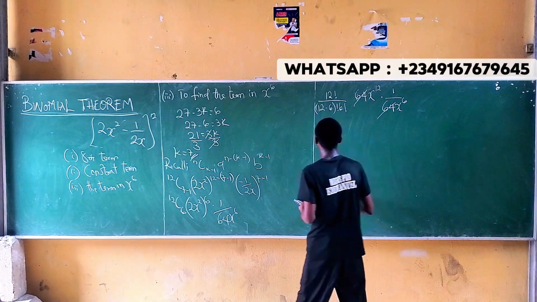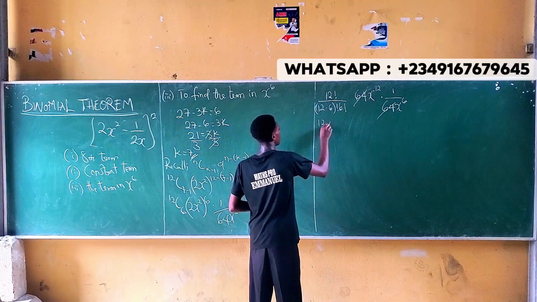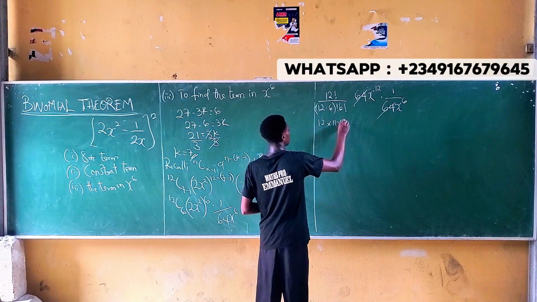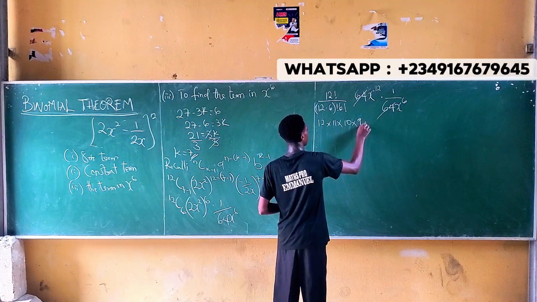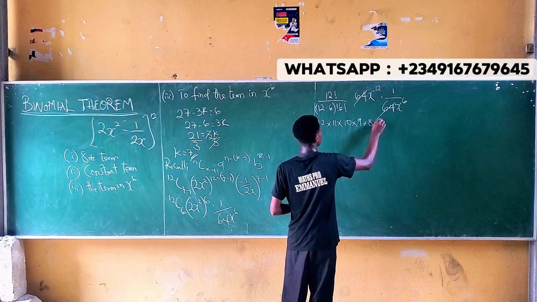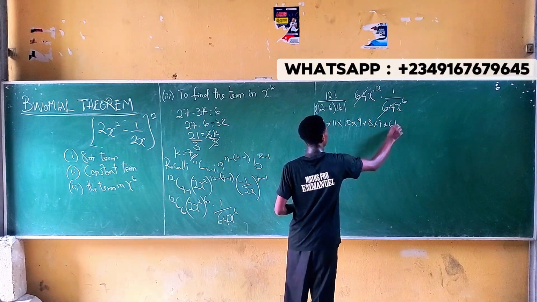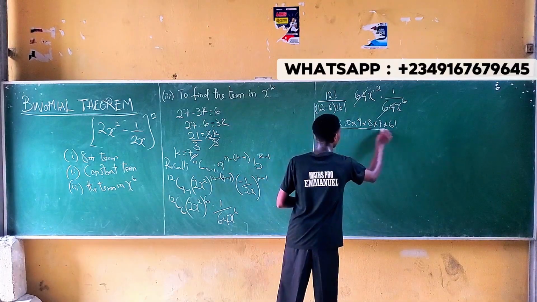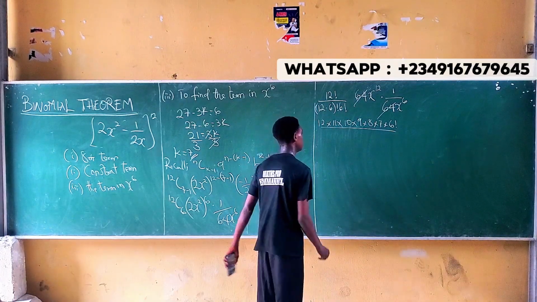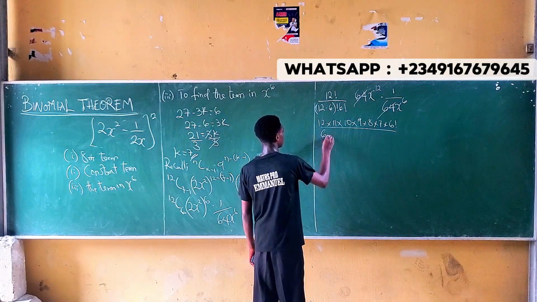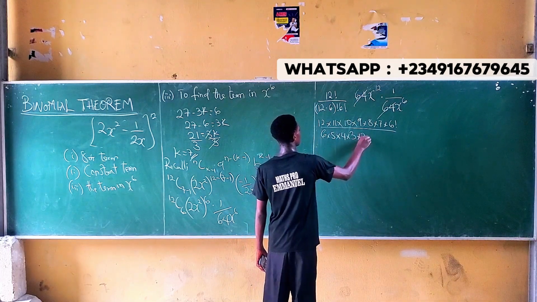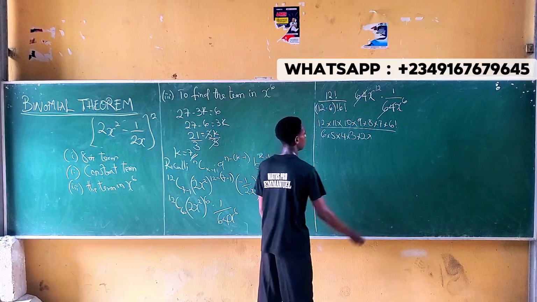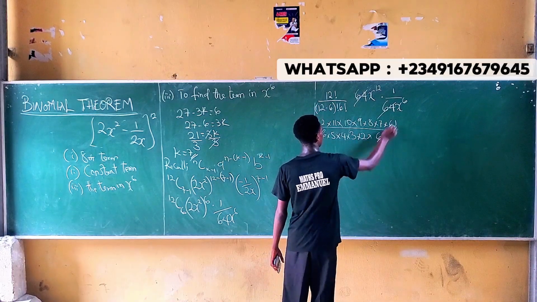Now let's find 12 combination 6. So I'll have 12 times 11 times 10 times 9 times 8 times 7 times 6 factorial all over 12 minus 6 is 6, so 6 times 5 times 4 times 3 times 2 times 1 multiplied by 6 factorial. So this can cancel this.